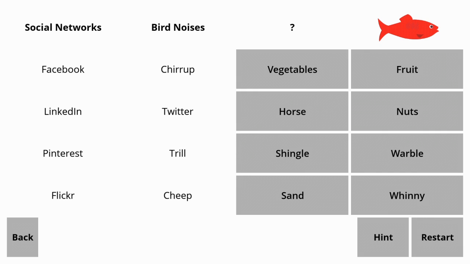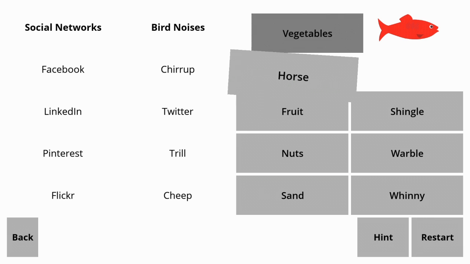Okay, bird noises. We have vegetable, horse, shingle, sand, fruit, nuts, warble, whinny. Vegetable, fruit, nuts. And is any of the rest of this edible? Not that I know of.